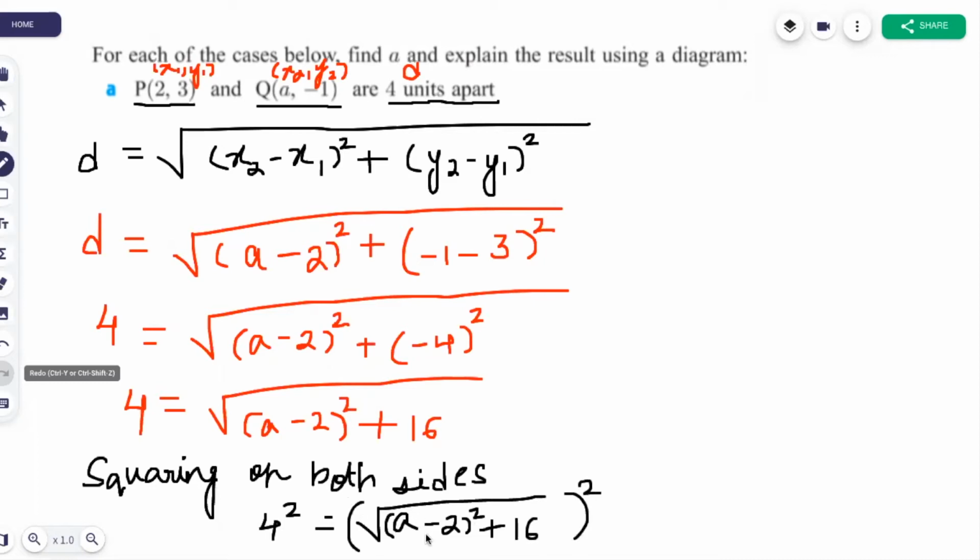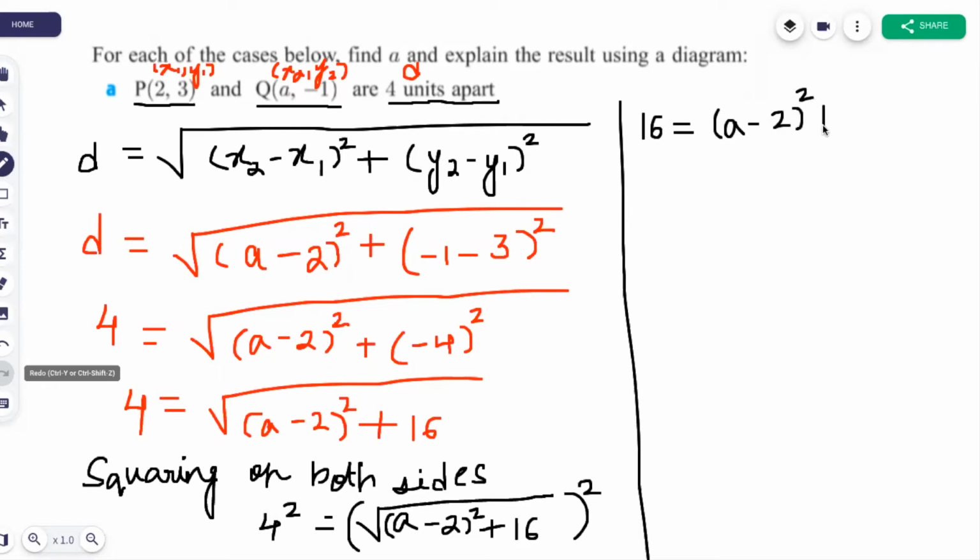So when you square the right hand side of our equation, this square root will disappear because when you square a square root, it will disappear. So this will be 16 is equal to a minus 2 whole square plus 16. The root is gone.